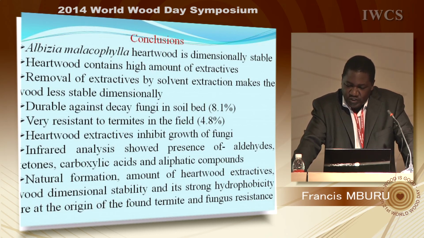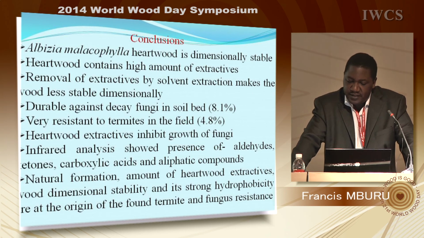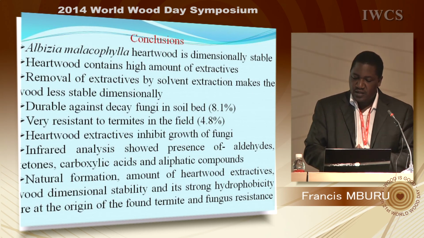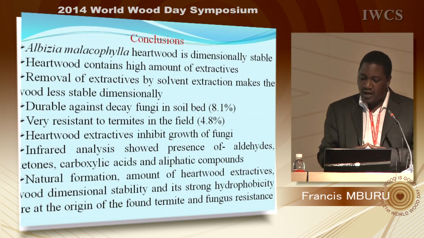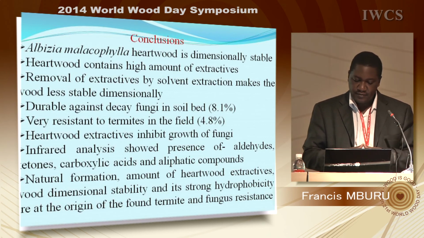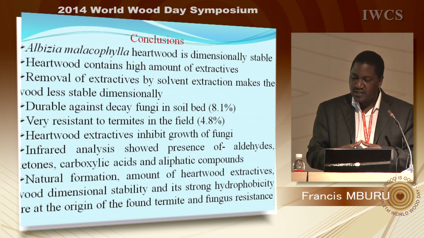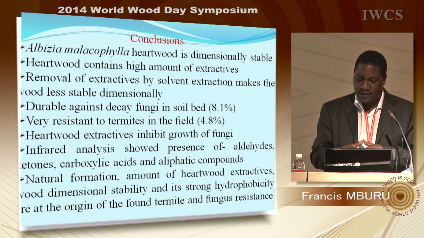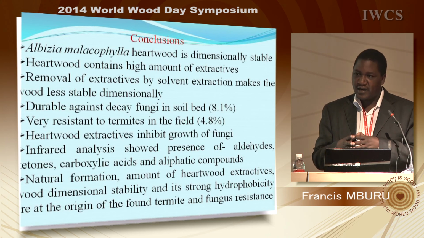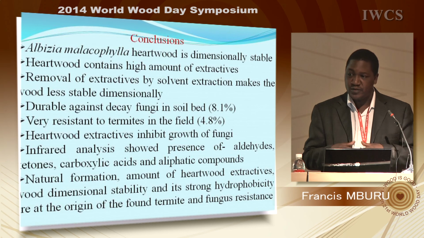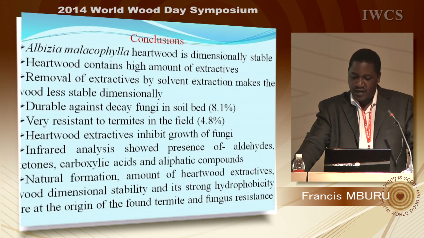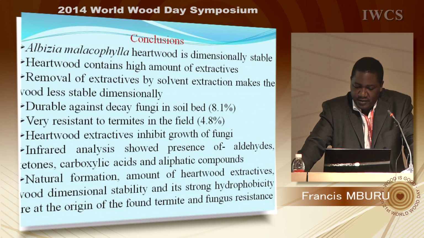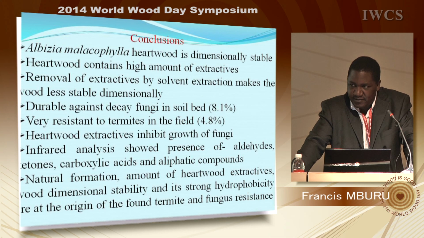The infrared analysis showed presence of aldehydes, ketones, carboxylic acids, and aliphatic compounds. And to sum it all up, the natural formation, amount of heartwood extractives, dimensional stability, and strong hydrophobic properties are the reasons why we would say Albizia maracophylla is resistant against termites and fungi.